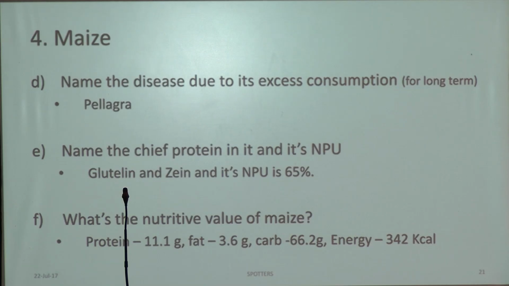So, what vitamin deficiency? Niacin. Vitamin B3. And again the same questions. What is the cheap protein here? Here the answer is glutelin, not gluten.